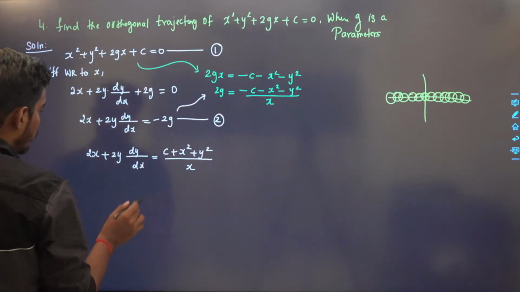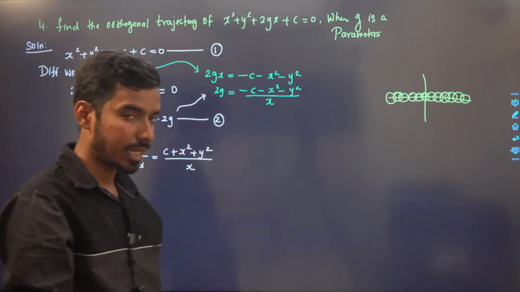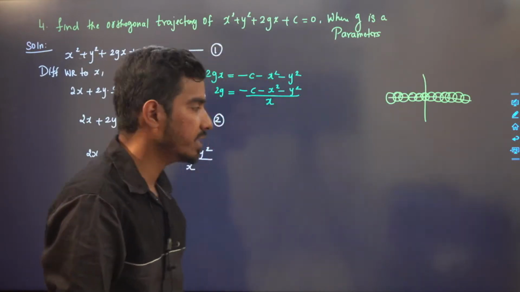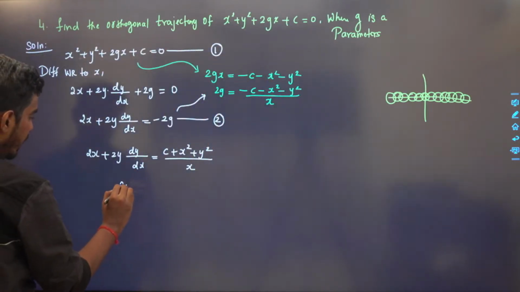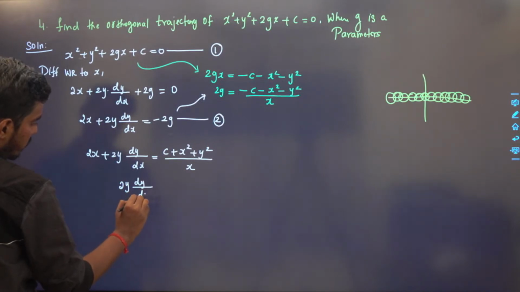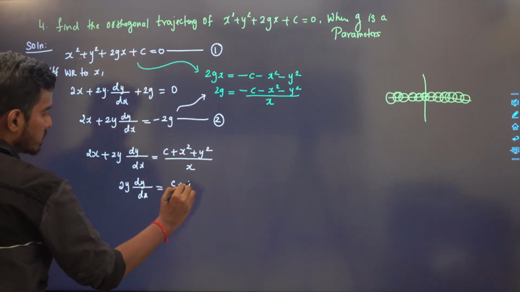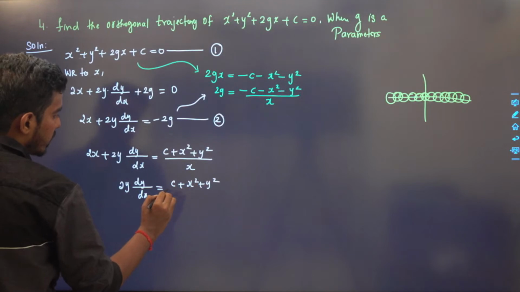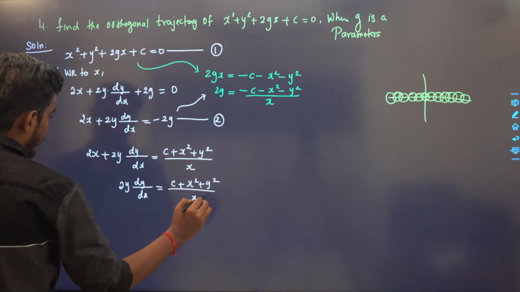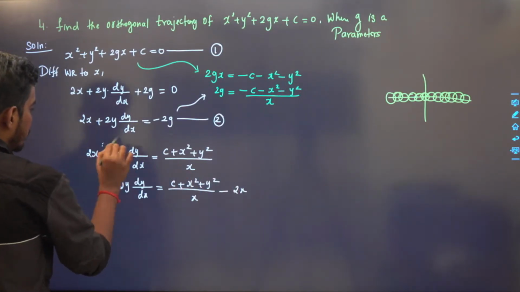Okay. Now we will simplify this, and then we will replace dy by dx with minus dx by dy. So we have 2y dy by dx is equal to c plus x square plus y square by x, minus 2x, right?